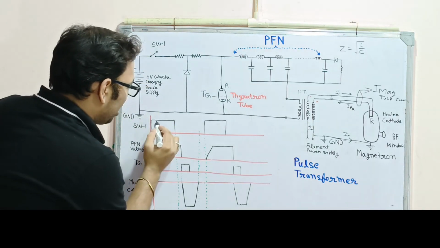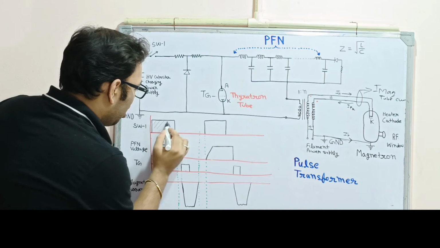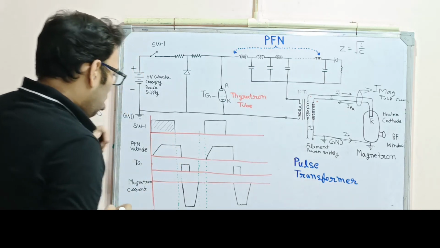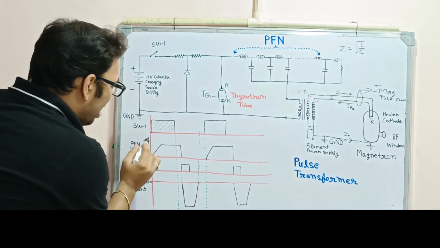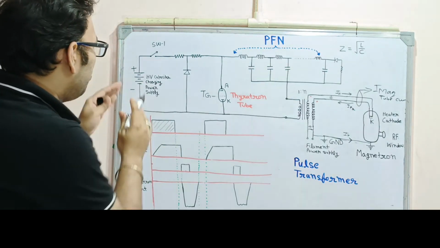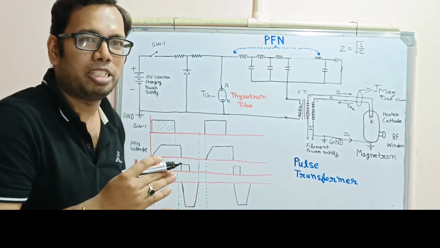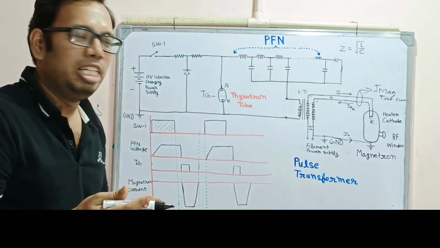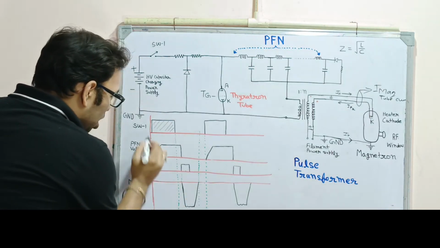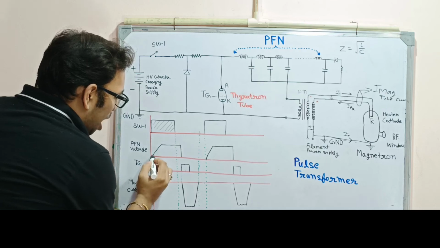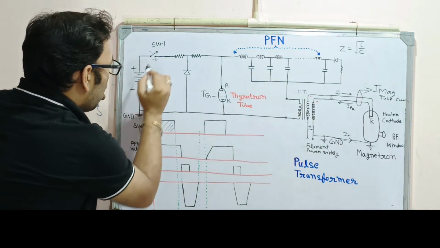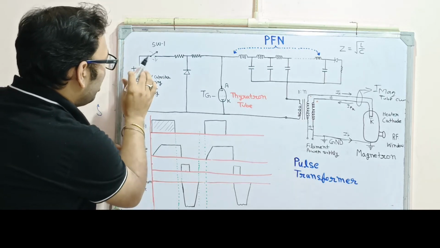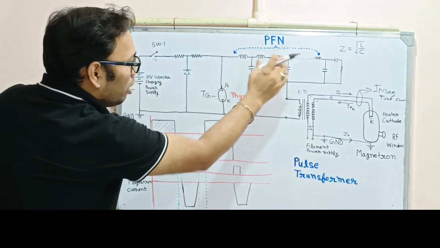If you see this section, this is the trigger. When I give the trigger, at the same time this power supply will charge the capacitor within a few milliseconds. So when I give the trigger, at the same time the PFN voltage, because this is turned on, whatever the voltage is here, the same voltage will go to the capacitor.